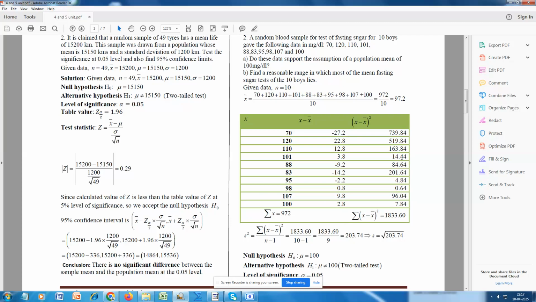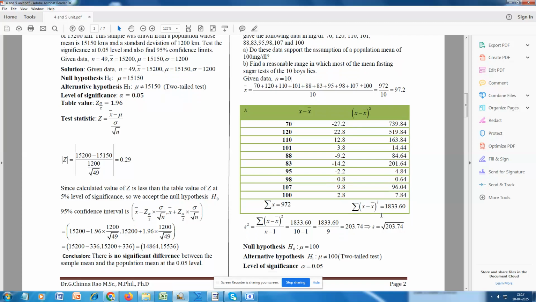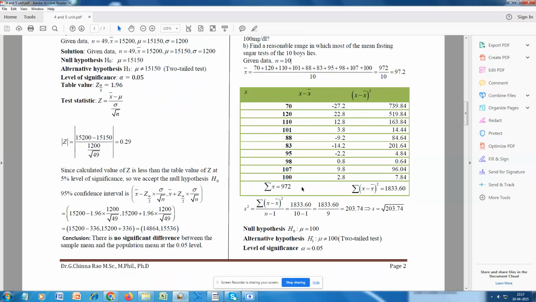We can find similarly. And also calculate x minus x bar square. Minus 27.2 whole square, we can get 739.84. 22.8 whole square, 519.84. So finally we find sigma x minus x bar square is 1833.60.